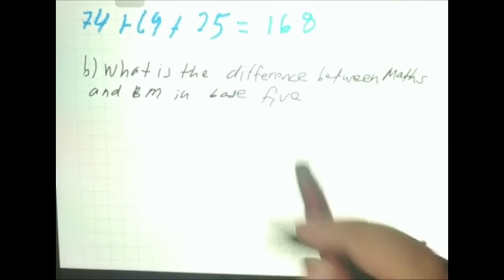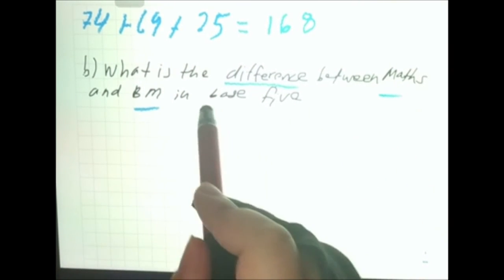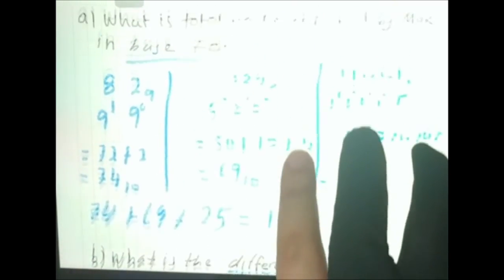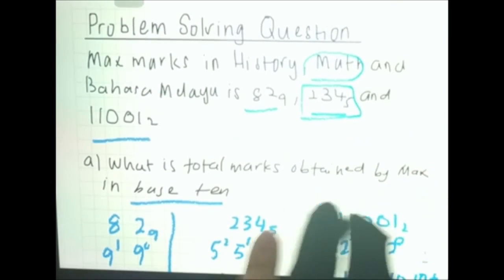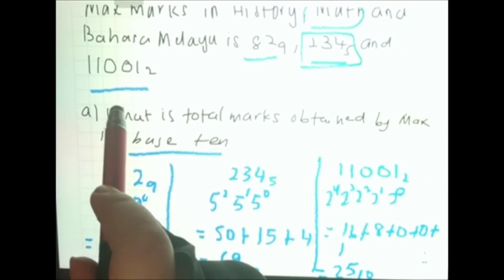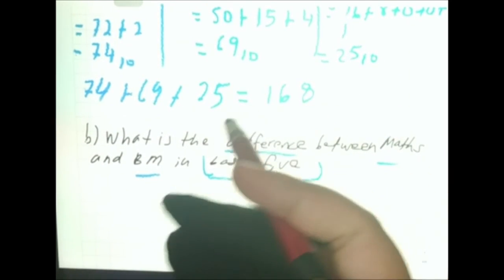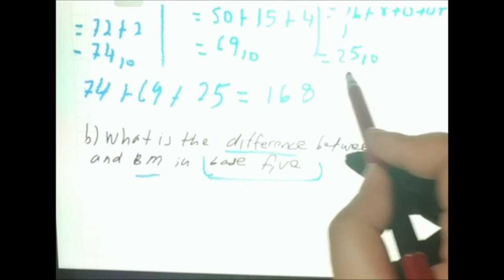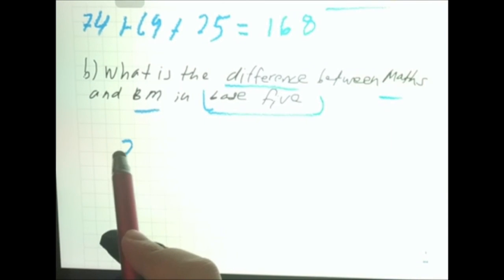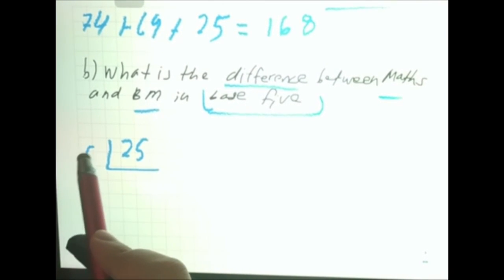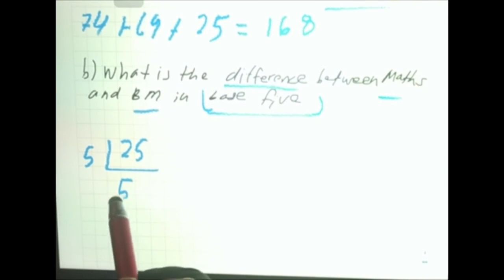Okay, what is the difference between maths and Bahasa Melayu in base 5? Now, maths is already in base 5. So the only thing we have to convert is Bahasa Melayu, which is in base 2 to base 5. In the first question, we already have a base 10 number. So from base 10, we can convert it to base 5. So 25 divided by 5, we get 5.